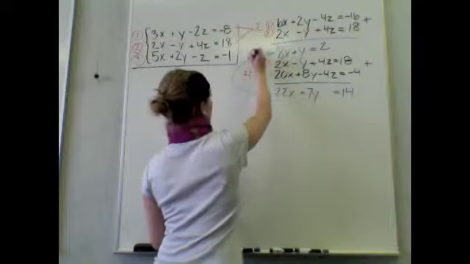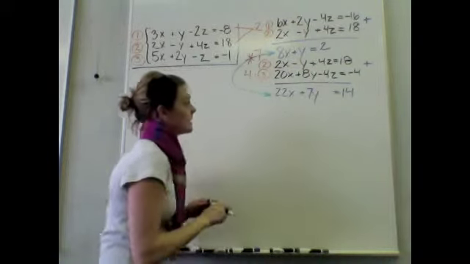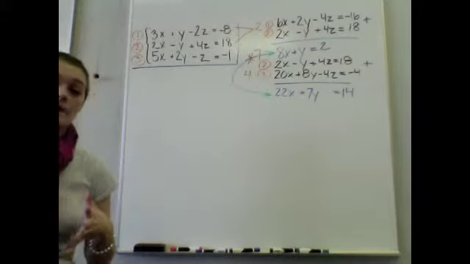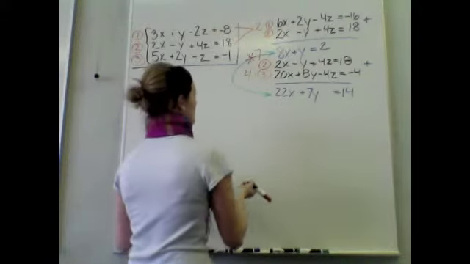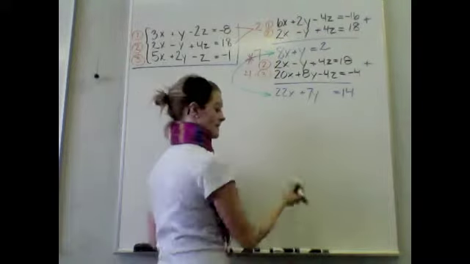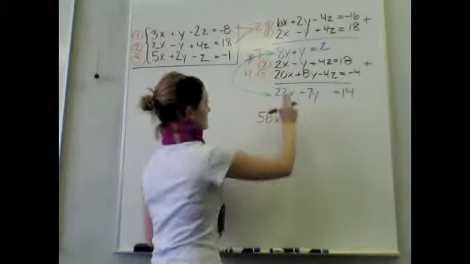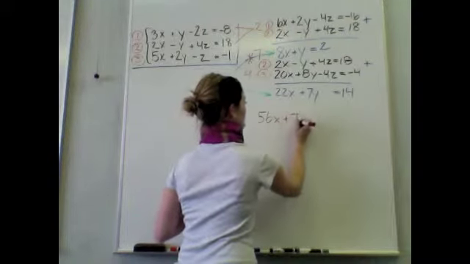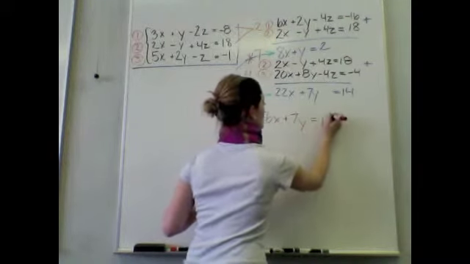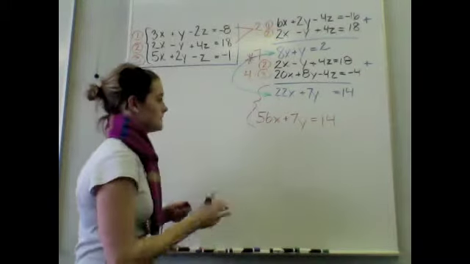I'm going to multiply this first equation by 7, because I'm going to choose to eliminate the y. So 8 times 7 is going to be 56, and plus 7y, because I'm multiplying everything by 7, equal to 14. These are now the systems I'm dealing with.